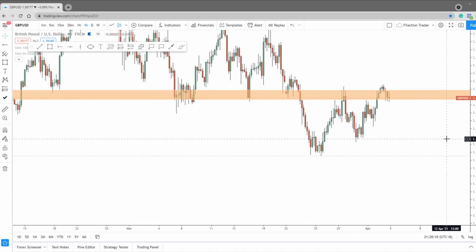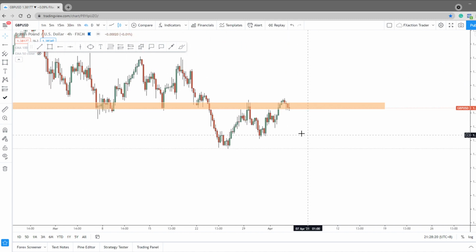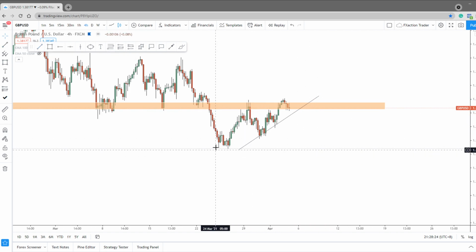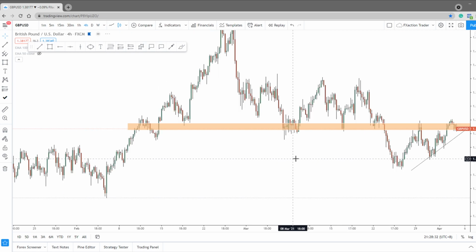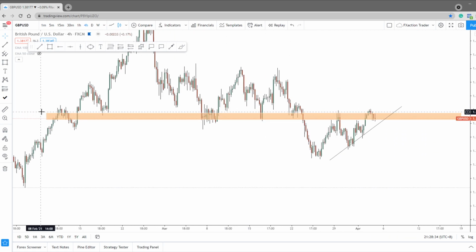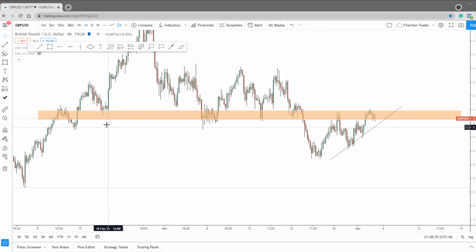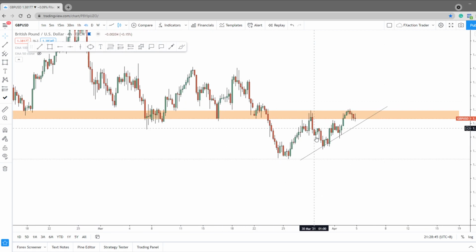On H4, what we can see is that market has been bullish for quite some time. This is the uptrend structure where we can see market has been creating higher lows and also keeps creating new highs. But if you look at everything in a bigger picture, what we can see is that market has actually reached this key level, and we should not look for any buy signal at this level.